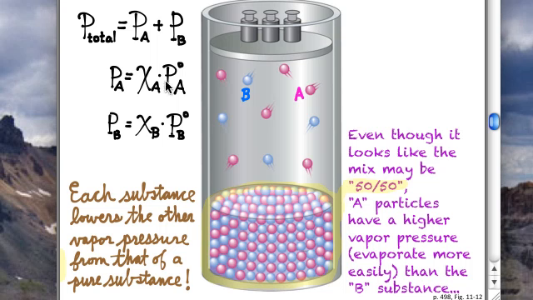So my vapor pressure of A will come down, my vapor pressure of B will come down, and the total pressure in this chamber, as measured by these little cartoon weights, will be this.